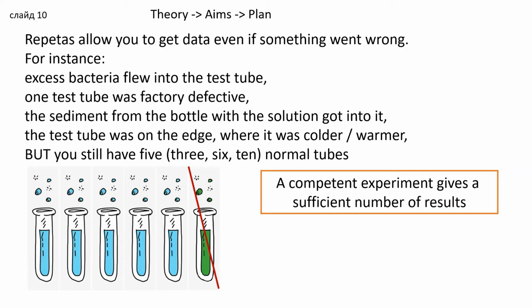So you have to balance between how many tubes you can lose and how many tubes should be okay, and what is the percentage of the bad tubes, because if you have, for instance, 20% of tubes where something went wrong, then you need to go back in your experimental plan once again and check whether your experiment layout is okay, because 20 or 25 or even 10% is not really okay. So a competent experiment gives you a sufficient number of results, which in this case means that a sufficient number of tubes are okay and just one is spoiled.